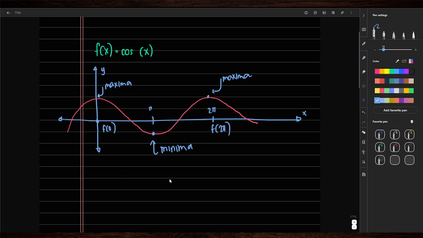So you have multiple values of x that could be your maxima, and multiple values of x also that could be your minima. Yeah, minima. Okay.